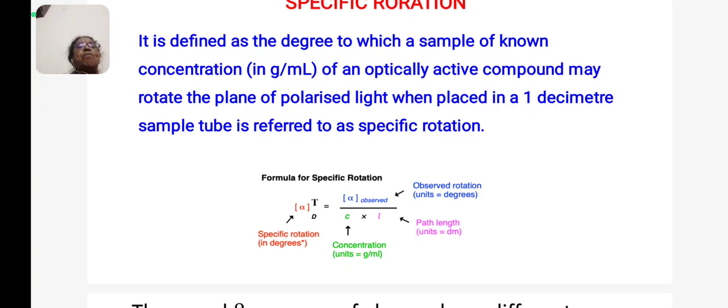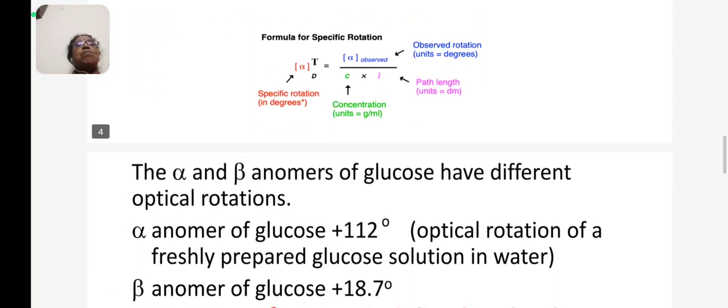The specific rotation and the observed angle of rotation are measured in degrees. C is the concentration in gram per ml and L is the path length, in decimeters. Using this formula, we can calculate the specific rotation.